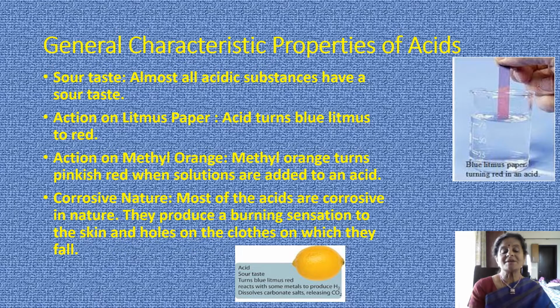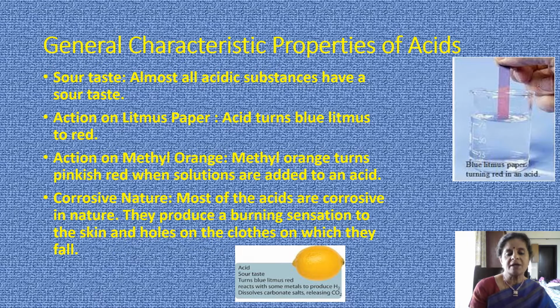Let's understand some general characteristic properties of acids, dear children. What are they? The first one is sour taste. Most of the acids are having sour taste. And the next one is the action on blue litmus paper. If you dip blue litmus paper in acidic solution, it turns to red. You observe from this picture.